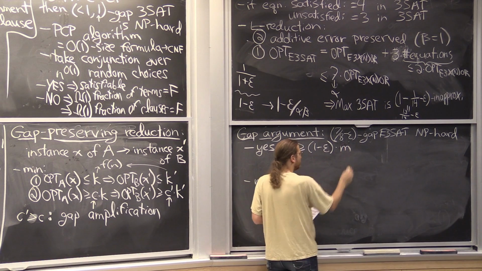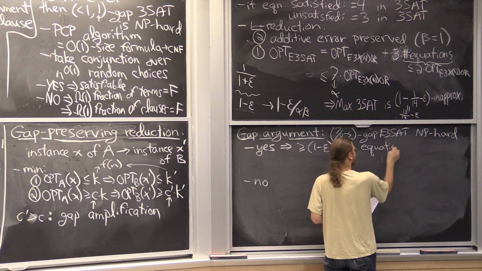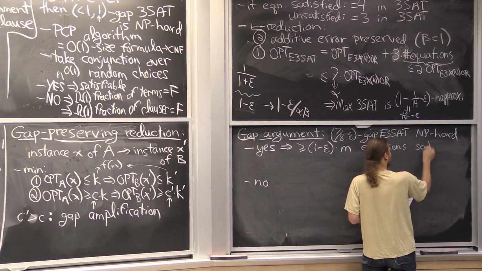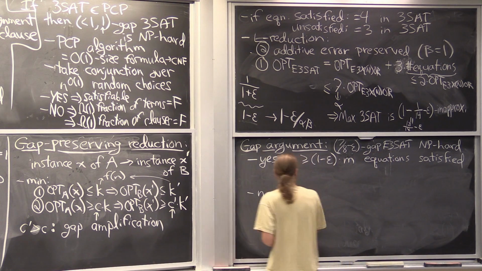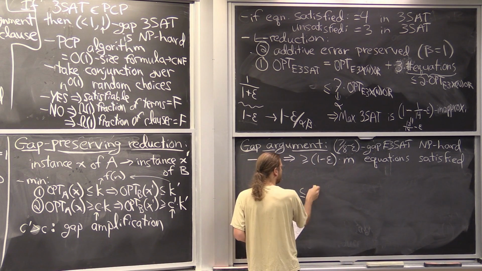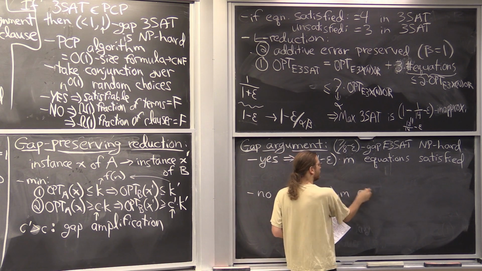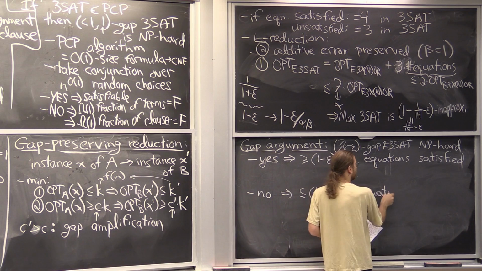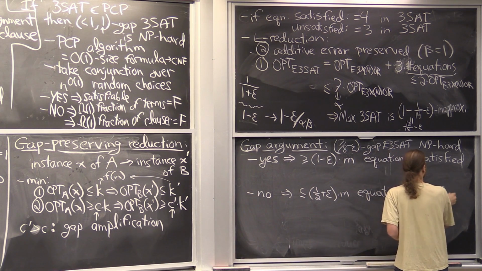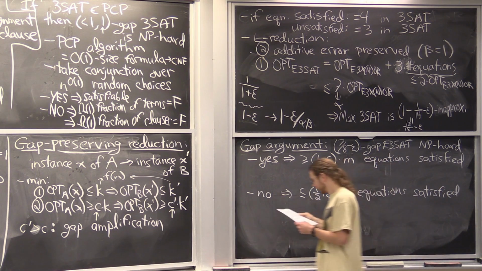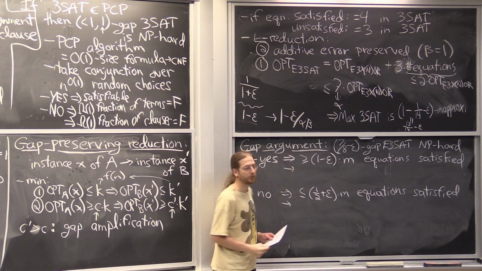Let's say m is the number of equations. In the no instance case, of course, we know that not too many are satisfied. At most, 1/2 plus epsilon fraction of the equations are satisfiable. So in both cases, I want to see what that converts into.